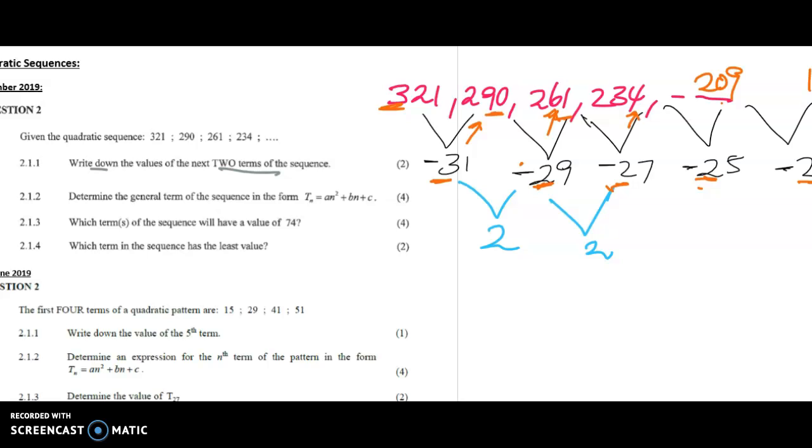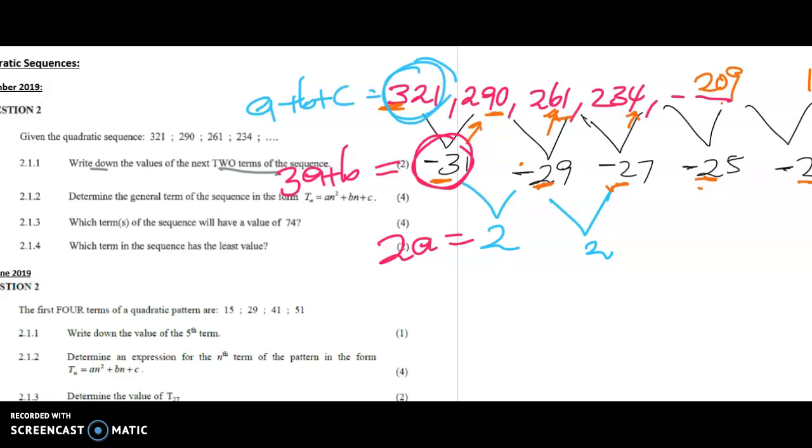We know that we have 2a equals the second difference, 3a plus b equals the first value here, and then the last one we have a plus b plus c equals the first term of the quadratic sequence. So I'm just going to write this real quick.